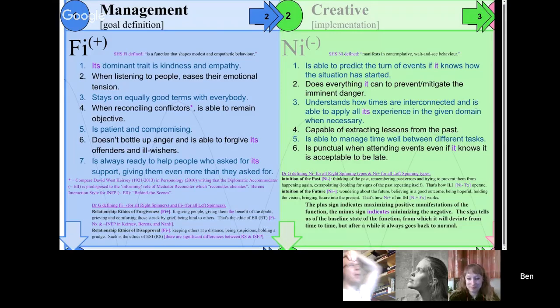I have a theory about how the NI creative function in INFPs and INTPs contributes towards SE break. So we have stuff here about doing everything it can to prevent and mitigate imminent danger. So you're seeing how things can go wrong.